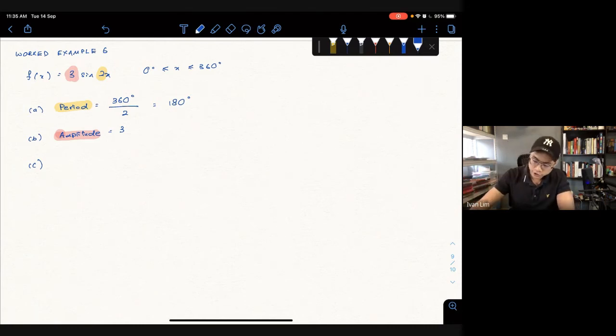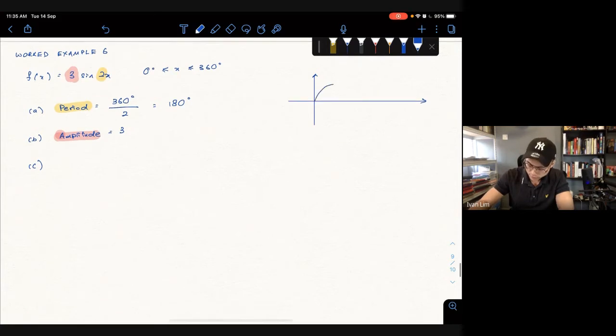Your original sine graph looks like this. These are the main points: 0, 180, 360 degrees. Then your maximum point is 90 degrees, 1, and your minimum point is 270 degrees, -1.